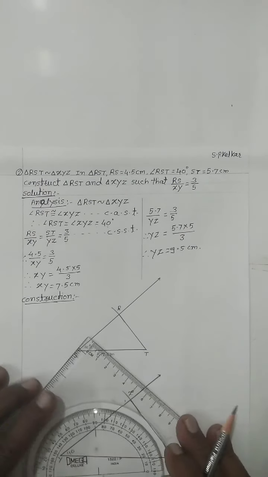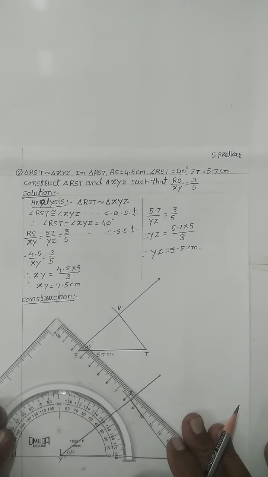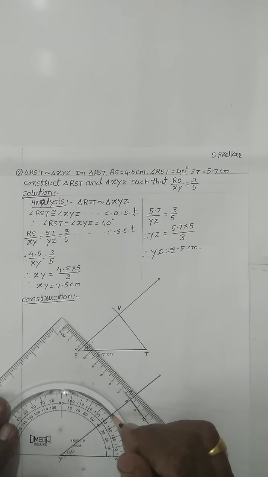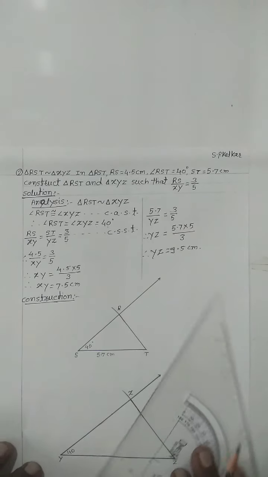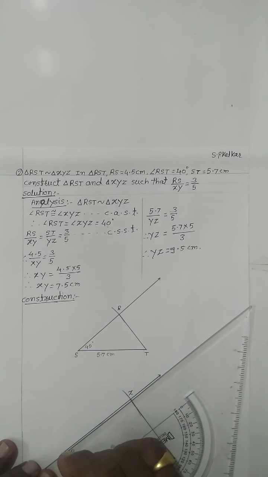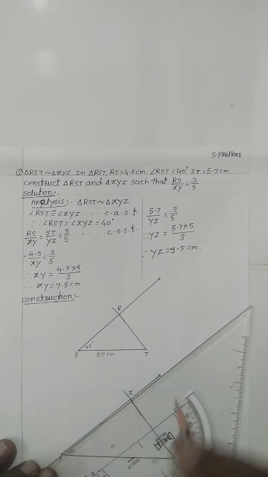Then put the protractor at point Y, match the 0 line and take a measurement of this angle 40 degree. Then draw the ray. We just started from the point Y. This ray makes an angle 40 degree with point Y.